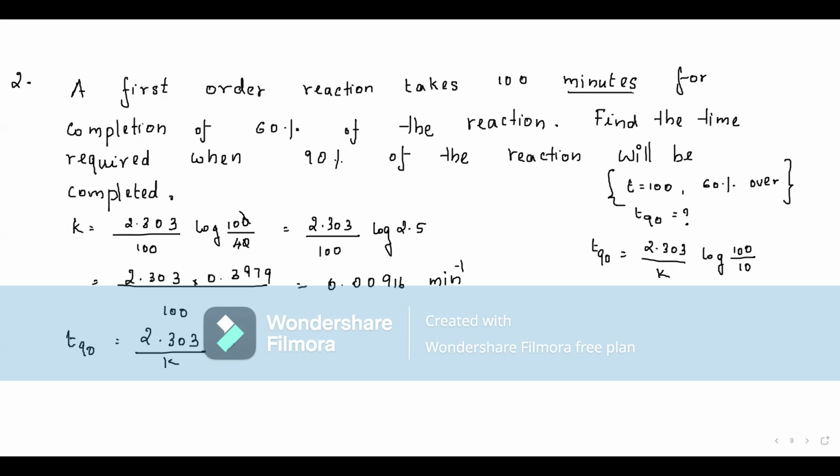2.303 by K log 100 by 10. So it is 2.303 by 0.00916 log 10. Log 10 is equal to 1. So this becomes 2.303 by 0.00916, which is around 251.42 minutes.